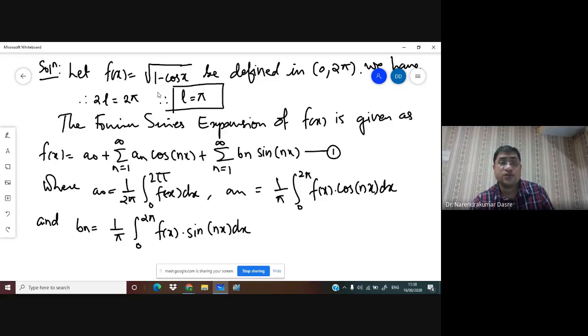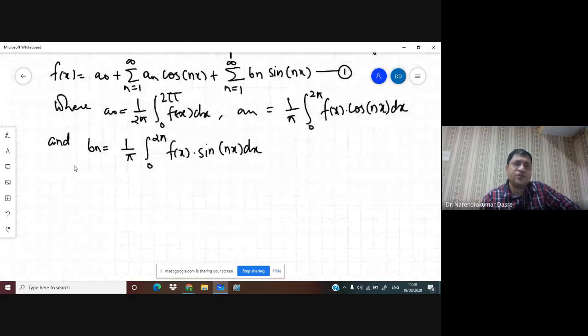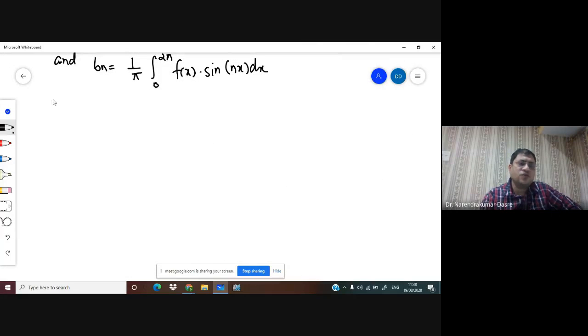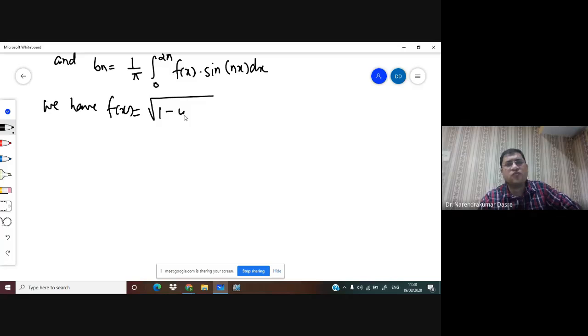So let us try to simplify this f of x first. First of all, we need to understand what f of x is, and then we are able to find out these integrals a0. Now we have f of x is equal to square root of 1 minus cos x. What we know is that 1 minus cos theta is equal to 2 sine square theta by 2.